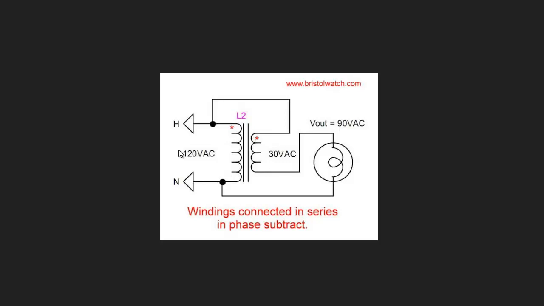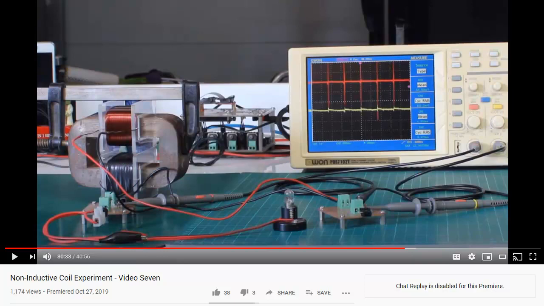Now, recent experiments that we showed, especially in the non-inductive coil series, we'll go back to that for a second. Okay, this was video 7. Now, by separating the coils, having one on the top, this coil that's on the top exactly the same as one on the bottom, the only difference being that we had a 22 turn of roughly about 1.6 millimeter wire on the top, which is just under the black tape there.